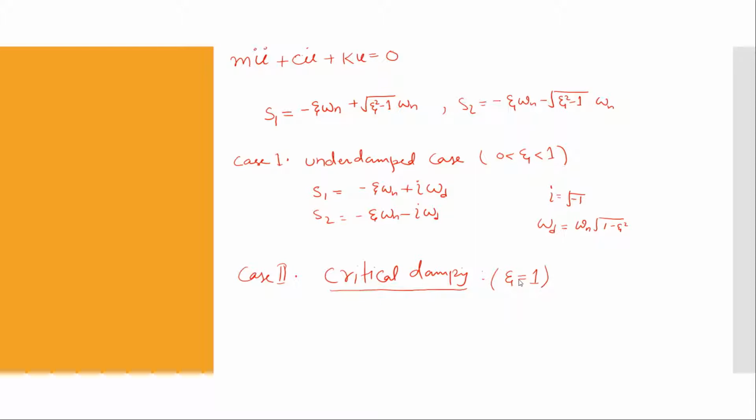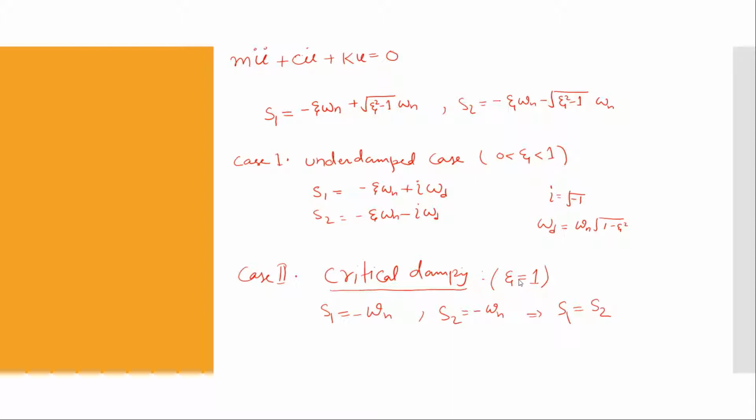Now we put the value 1 here, so the first root would be minus omega n, and 1 minus 1 is 0, so the root part would be 0. So the first root s1 would be minus omega n and s2 would be minus omega n. Both roots are equal, s1 equals s2.